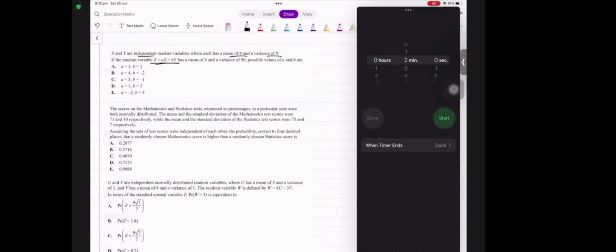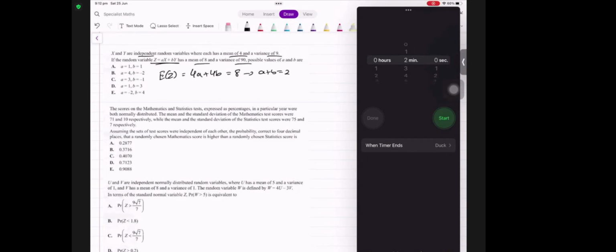So this z in general has a mean of 8 and a variance of 90. So E of z will equal a times the expected value of x, which is 4a, plus the expected value of y, which is 4b. That should equal 8. So we write a plus b is equal to 2.